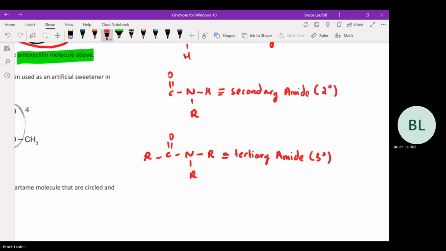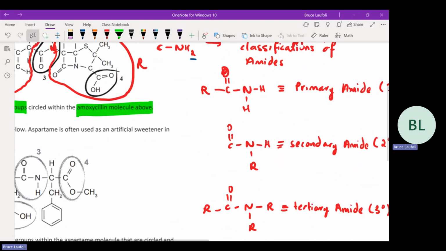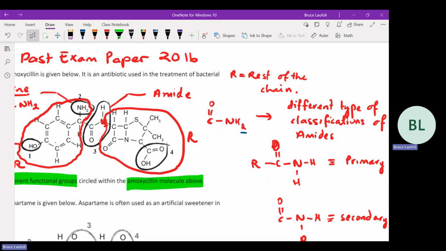Now you don't need to know any of the reaction mechanisms associated with secondary and tertiary amides. You just need to know how to recognize them, but they rarely come up in exams. I'm just going to rub this out for a moment.